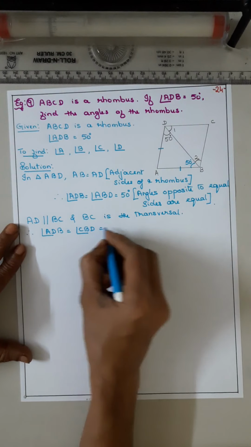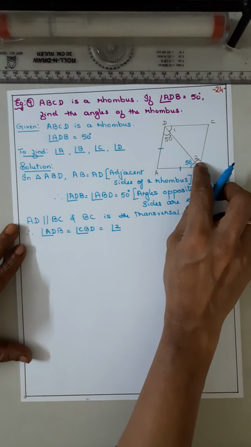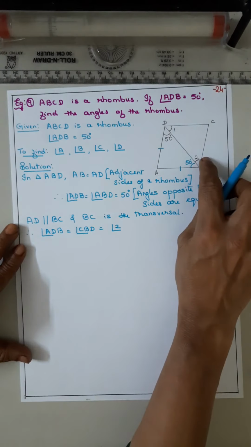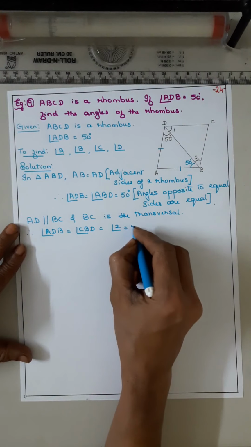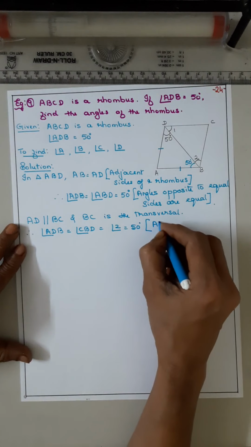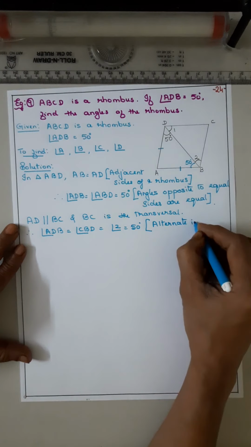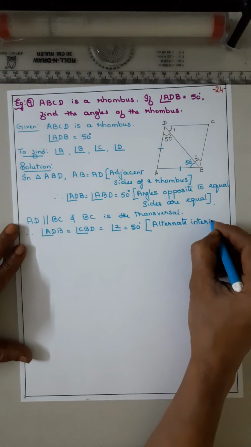That is, they have given angle 2. So, this also becomes how much? 50. Because this is 50, this also will be 50. Why? It is alternate interior angles.